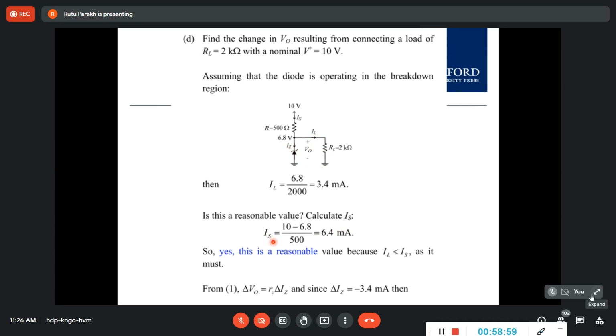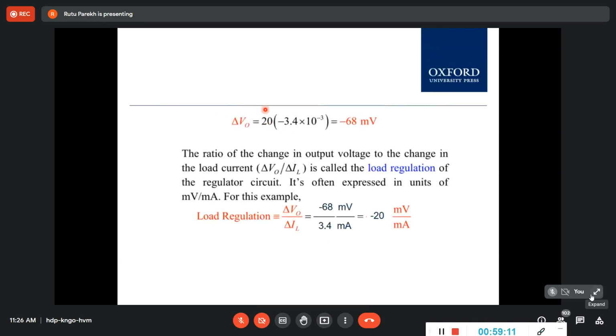So now the change in the voltage, delta V0, is RZ times this, and that is minus 68 millivolt.